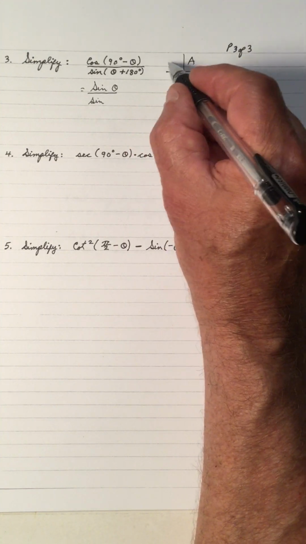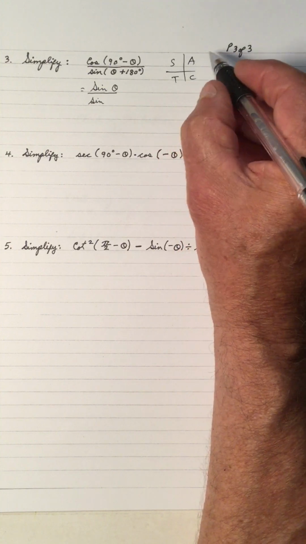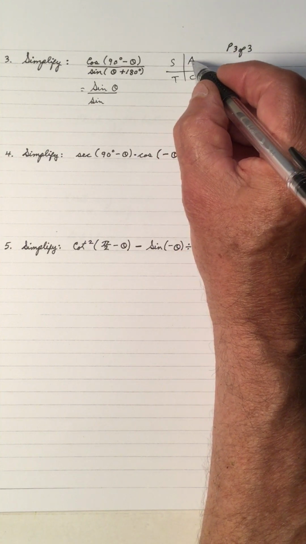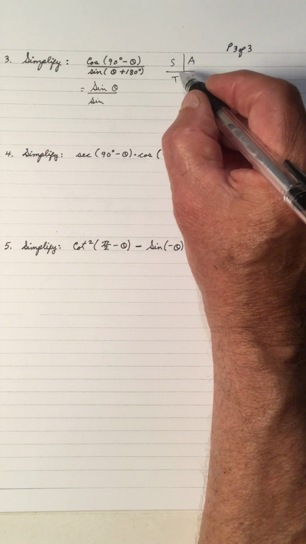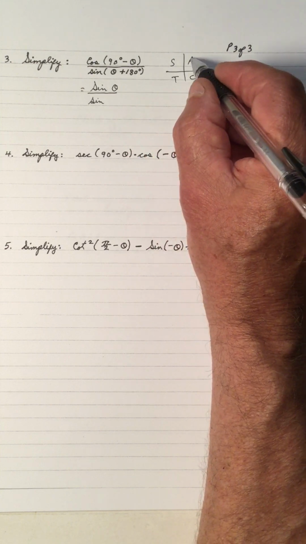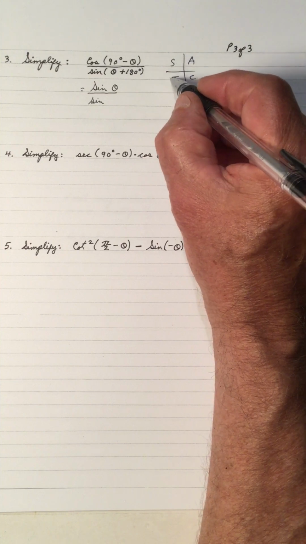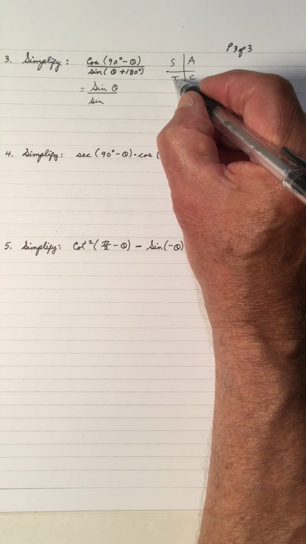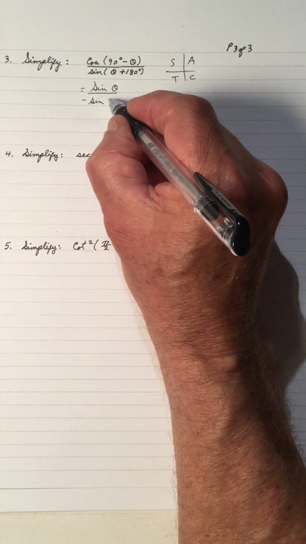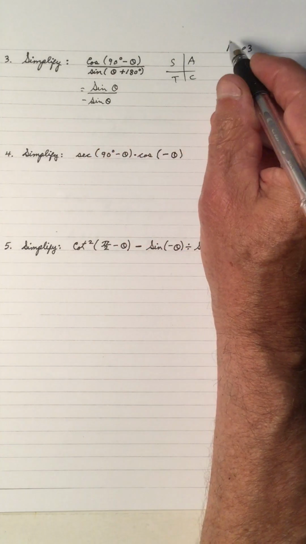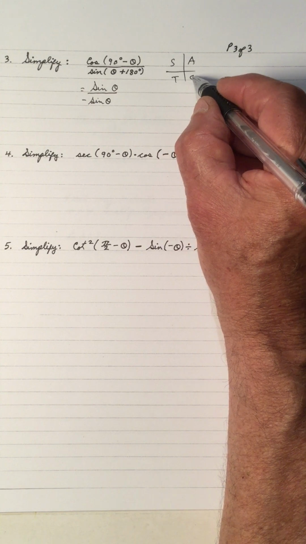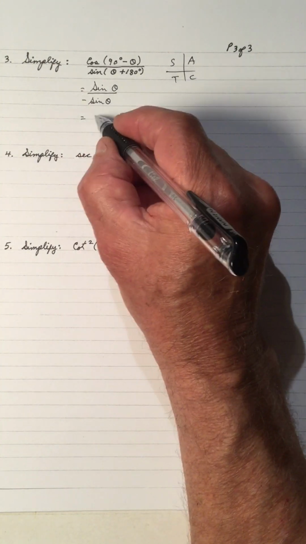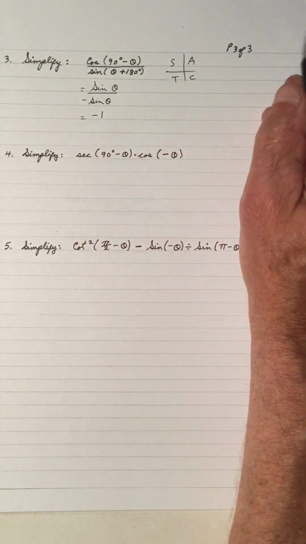We add sugar to coffee. In the first quadrant, sine is positive, and theta plus 180 is the third quadrant, and sine is negative here. Sine is positive in 1 and 2, negative in 3 and 4. And so the signs cancel out, so that gives us negative 1.